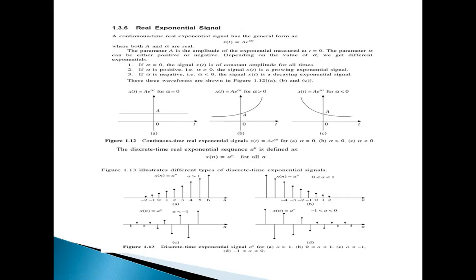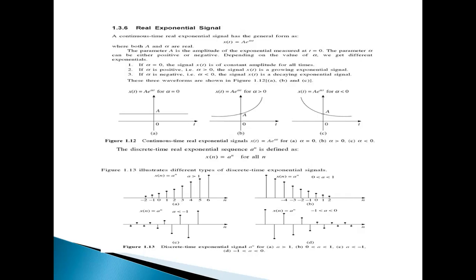Previously, r of t is equal to t for t greater than or equal to 0 and 0 for t less than 0. For discrete, r of n is equal to n for n greater than or equal to 0 and 0 for n less than 0. Wherever t is there, you can keep that as n, saying that it is discrete.